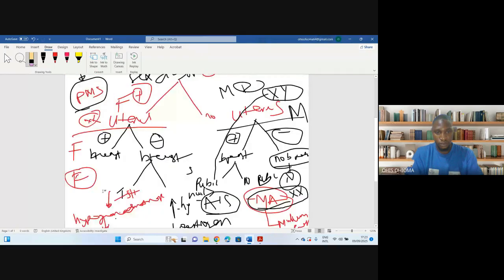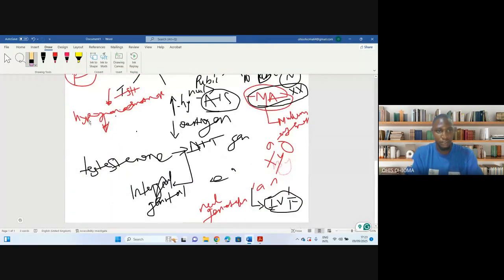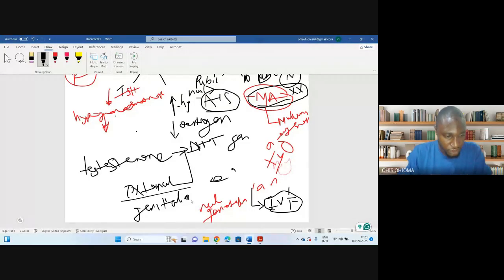Okay, so let me correct myself. Sorry. Kind of fatigued today. I don't know why I'm just making a lot of errors. So this is like the external genitalia, right? What basically happens here is that for the external genitalia, we're talking about organs such as the penis, the scrotum.